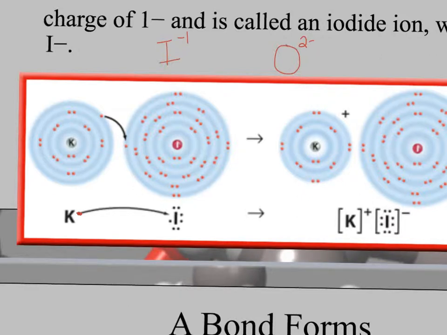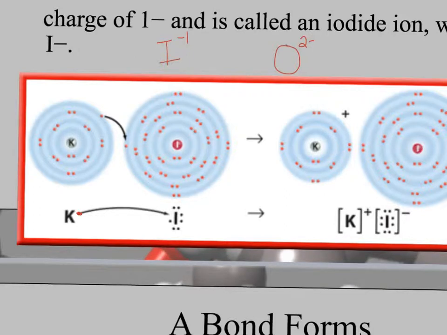So basically what's happening, and there's a science behind it, affinity or electronegativity, is that iodine is really going to want to pull on electrons. It's going to have a stronger force trying to attract 1 extra electron, whereas potassium is not going to have a very strong hold on that electron.